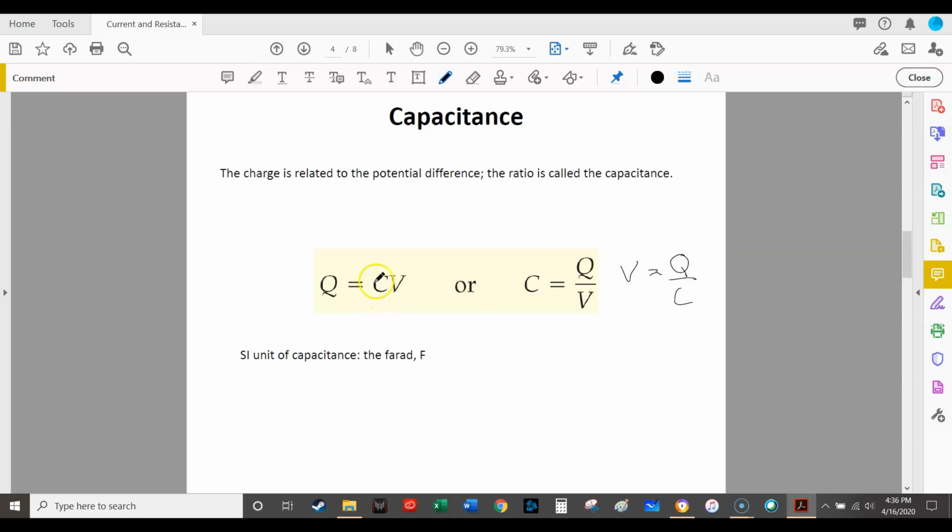If you ever see a capacitance in microfarads right next to a voltage, multiply those two things together when we get to the worksheets. Otherwise, you're going to take microcoulombs divided by microfarads, okay?